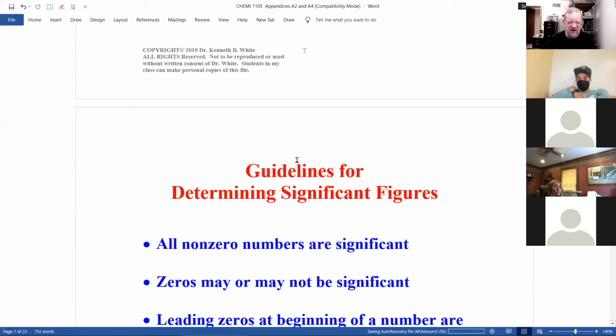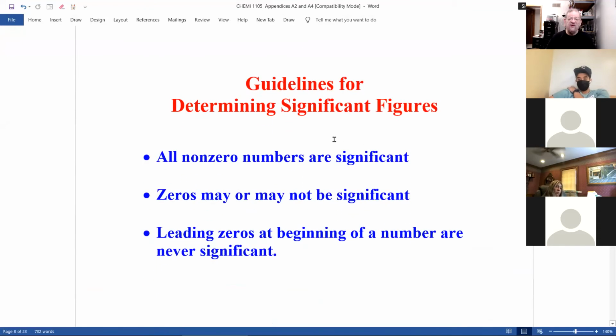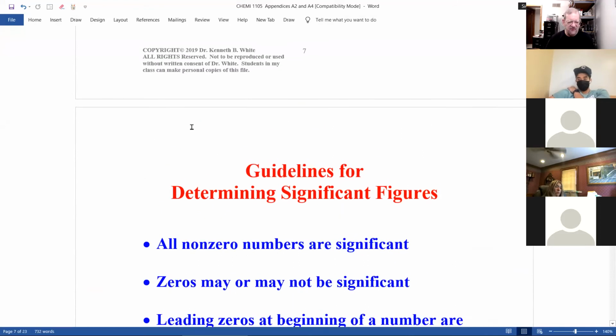Now, when you have a number, it's important to determine that measurement or the number you're working with, how many significant figures there are in that measurement. And oh no, it's time for Dr. White to be subtle.